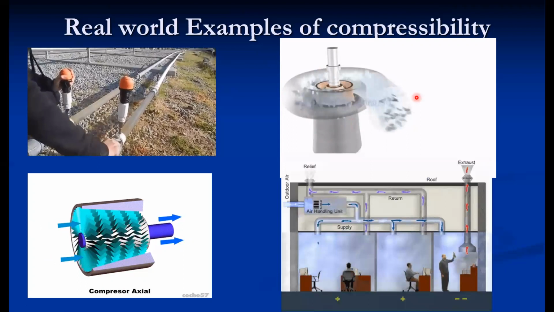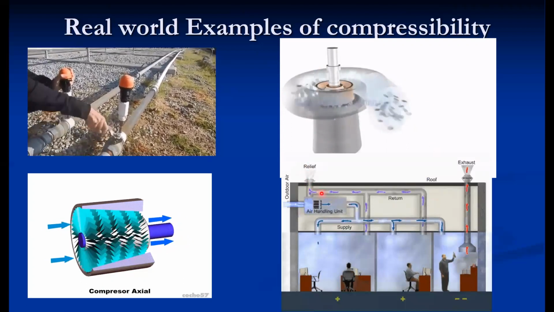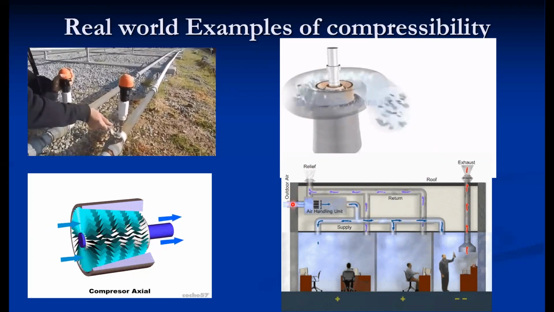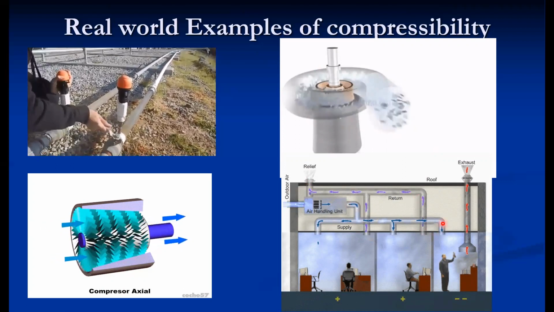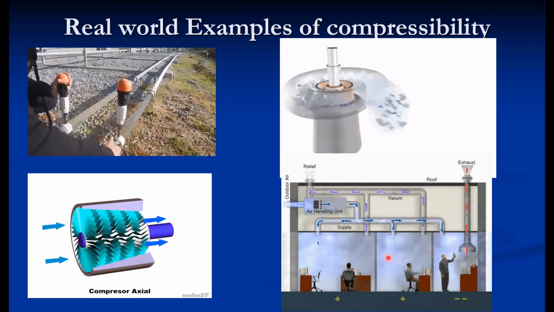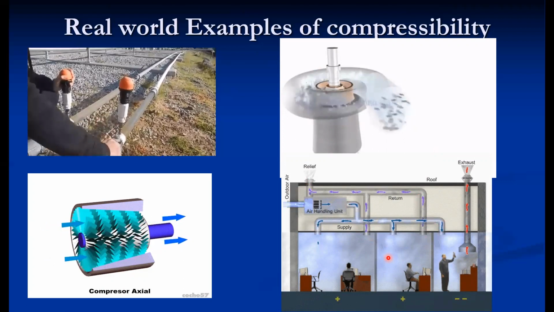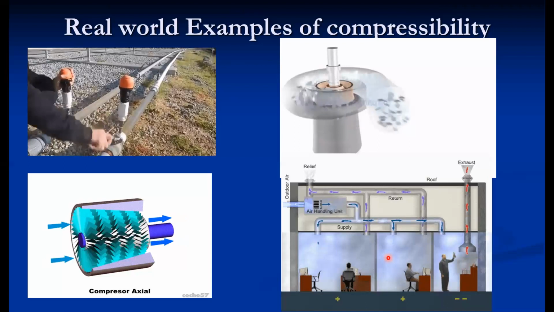On the other hand, air flows through this ducting. Even though air is a compressible fluid, its flow is sometimes considered incompressible. In these circumstances, the compressibility effect is not considered because there is no change in density. These are some examples where the compressibility effect is to be considered or not, depending upon the type of flow.